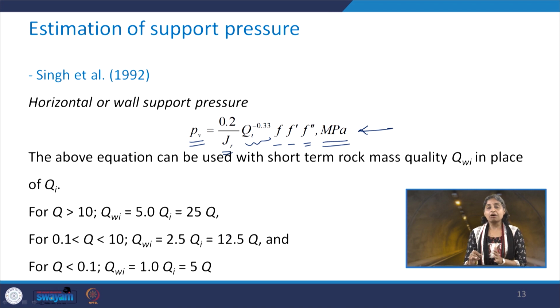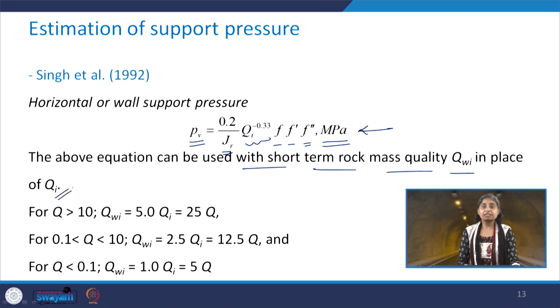Now we can also find out the horizontal support pressure. So this equation can be used with the short term rock mass quality QWI in place of QI. Now the question is how to get the value of this QWI if we want to use it in place of this QI.